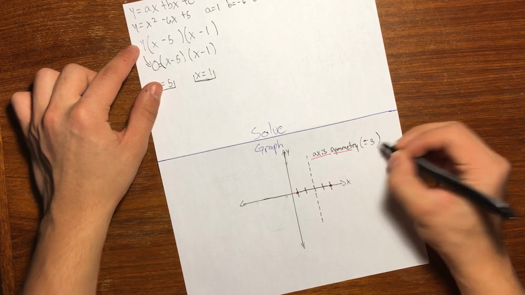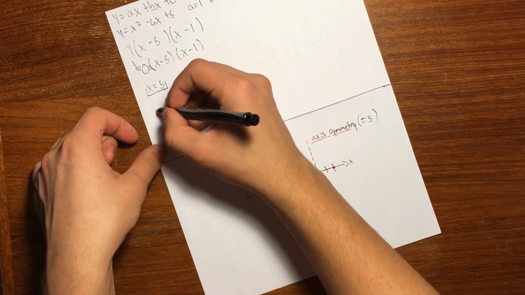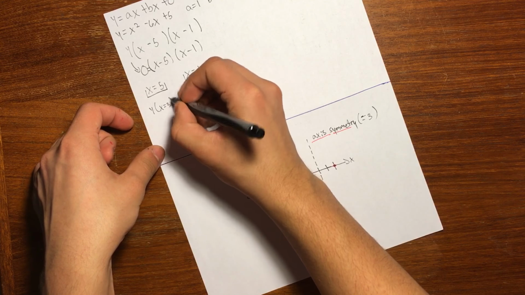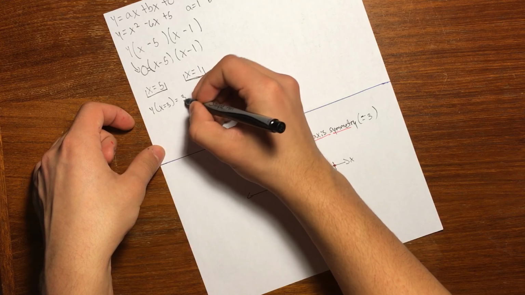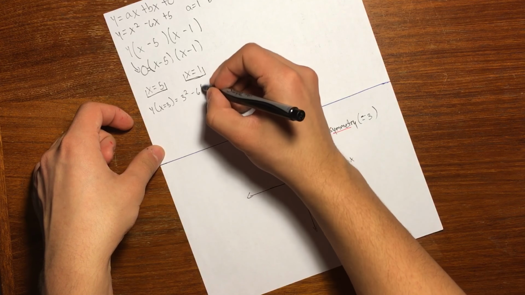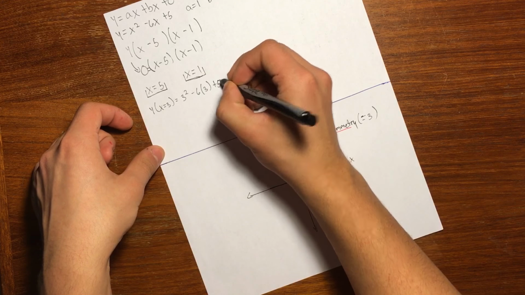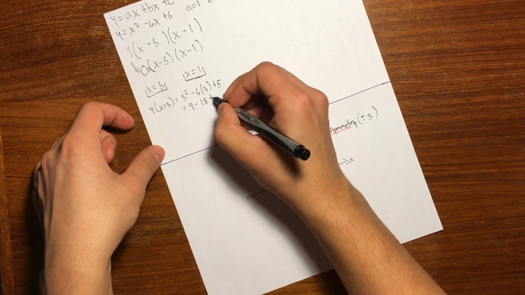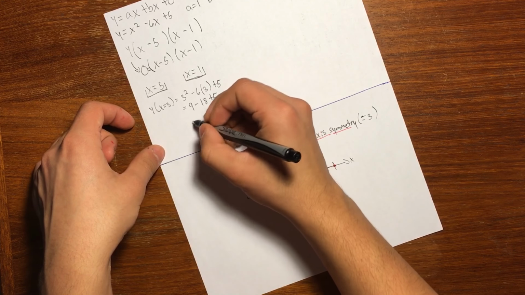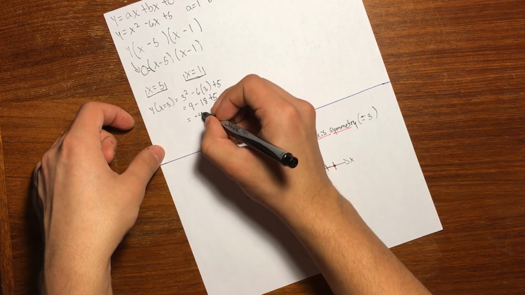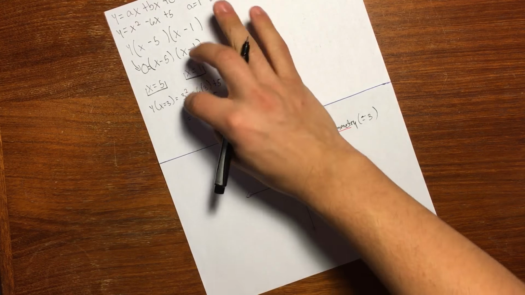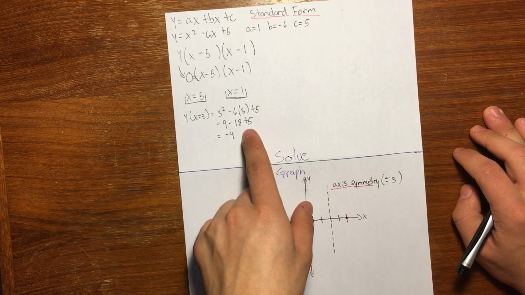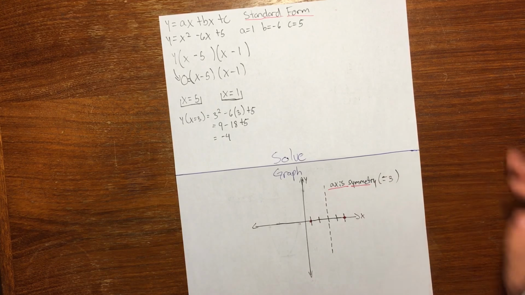Now we do the equation, but this time x equals 3: 3 squared minus 6 times 3 plus 5. This gives you a 9, this gives you a negative 18, and then you just bring down the 5. All that will give you a -4, because you subtract the 18 from the 9, which gives you negative 9, then you add 5, and it'll be negative 4.